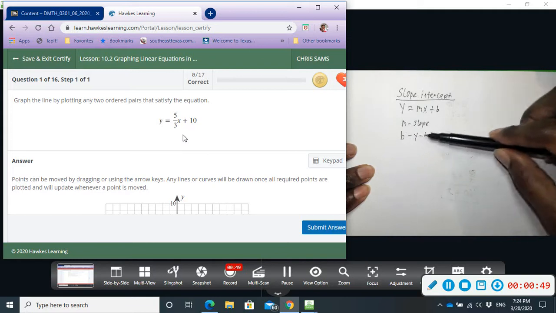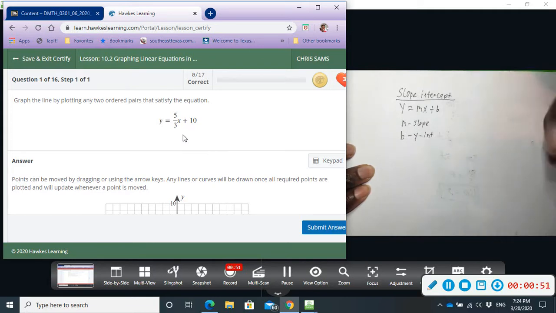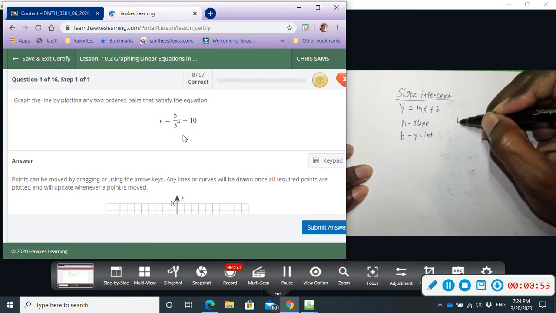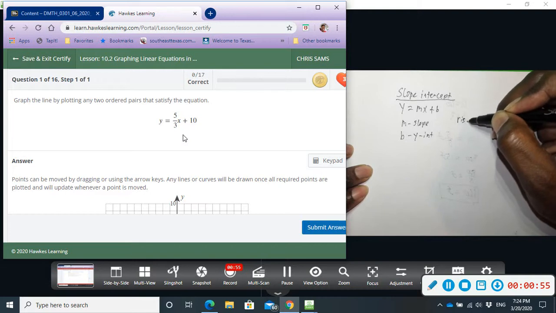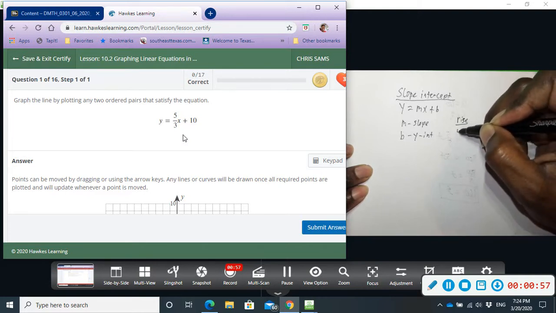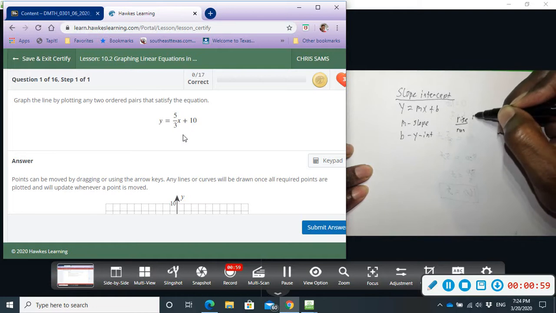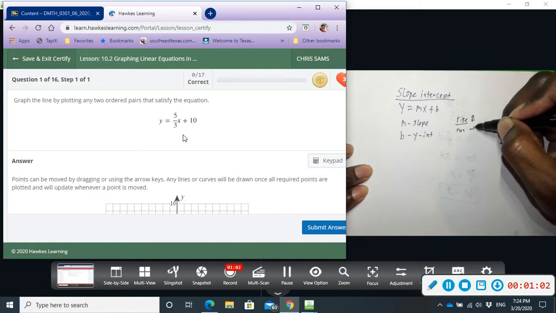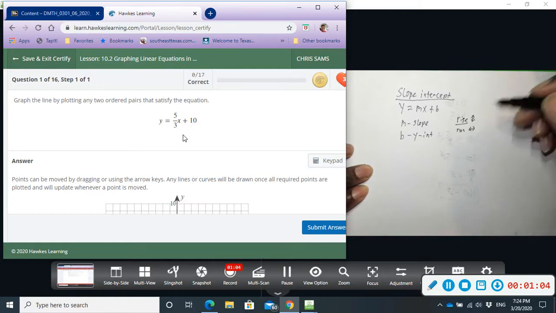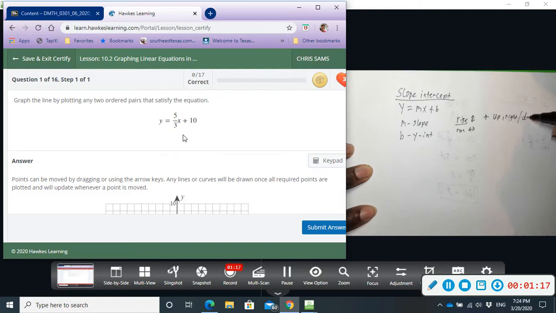Normally we start with the y-intercept, whatever that b value is, and we use that slope and we do rise over run. A rise goes up or down, run goes left or right. Generally, if it's positive, we're going to go up and right, or you might go down and left.